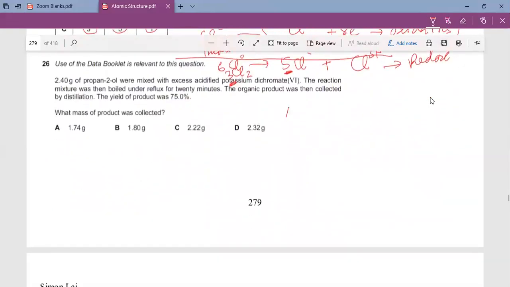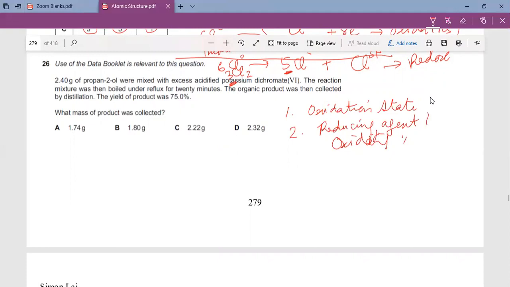The first one is we find the oxidation state. You've got to memorize all those things; these are my notes. The metals are all positive and so forth, ionic state and covalent. Second, you need to know which is a reducing agent and which is the oxidizing agent, and then you use this to calculate the oxidation states.